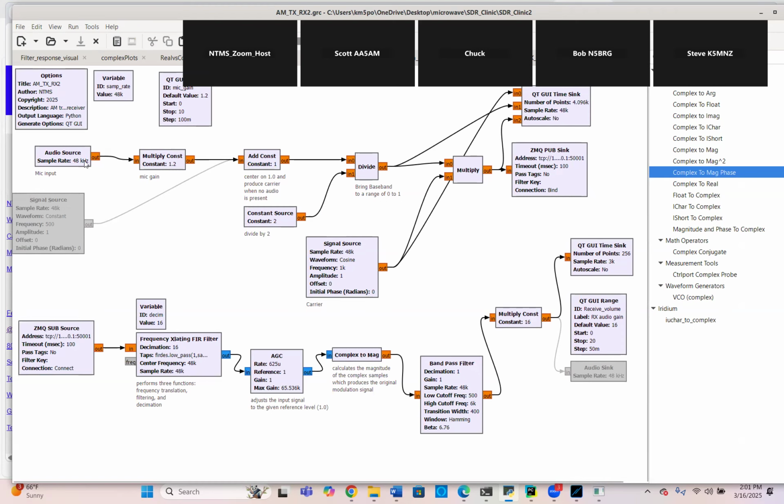You can still have an audio source here, but you don't need to have this signal source at all. This was what will be in your radio. So that would eliminate the multiply here as well.